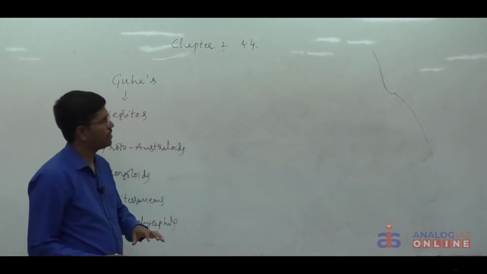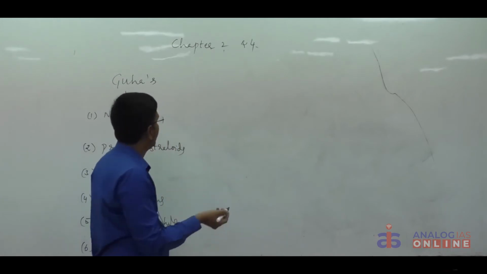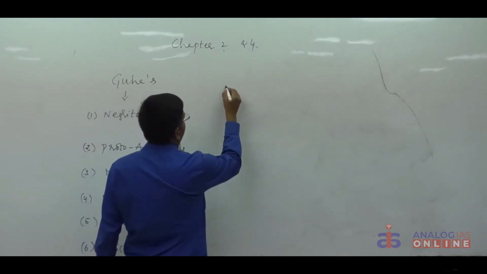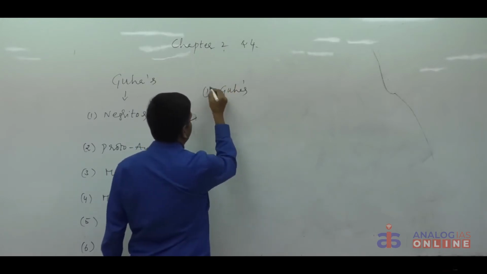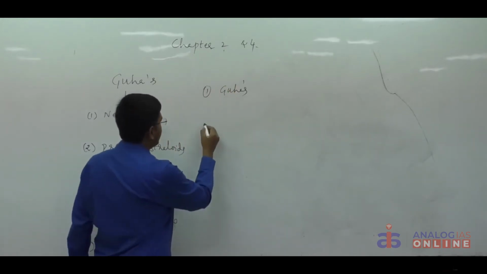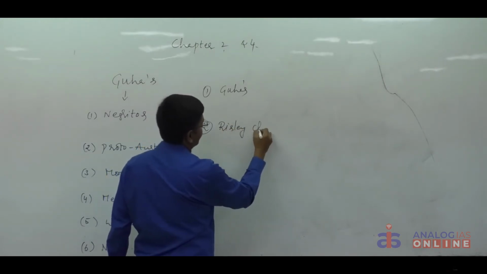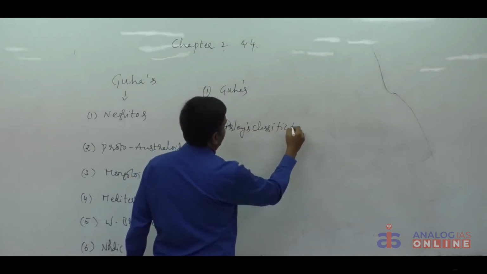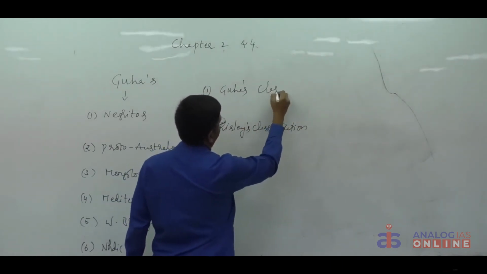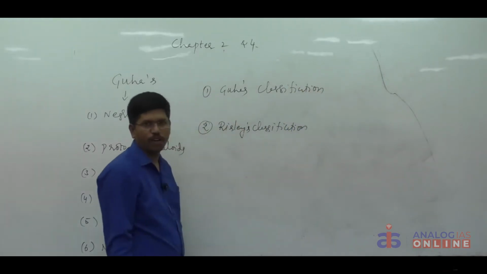Now, the question is, in the examination, questions may be asked directly. One is: explain Guha's classification. Second one is: explain Risley's classification. Guha's classification and Risley's classification, direct questions.